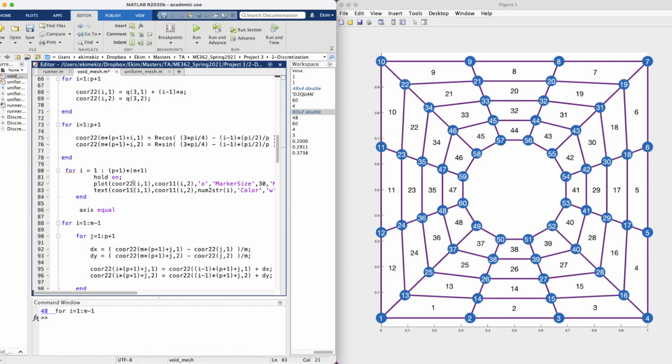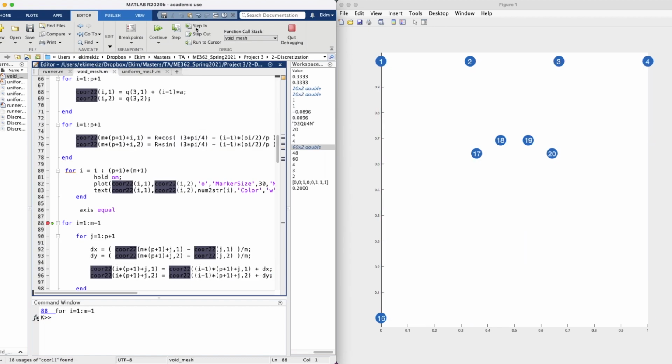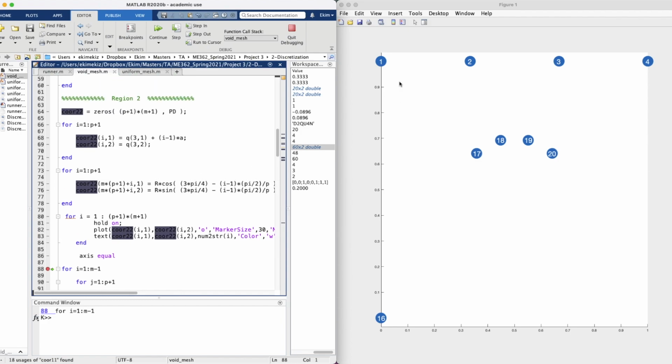Make these maybe 2, 2. And run the code until here. Okay, so now we want to first generate this line of nodes and then this line. And then we do the same thing to fill out the rest.